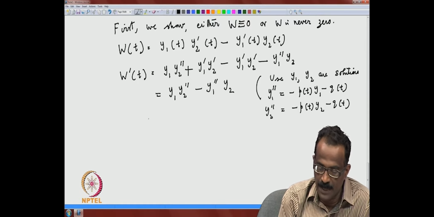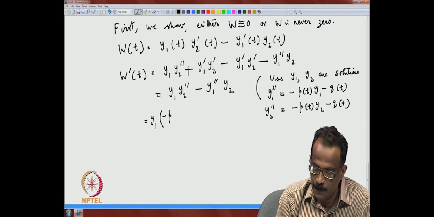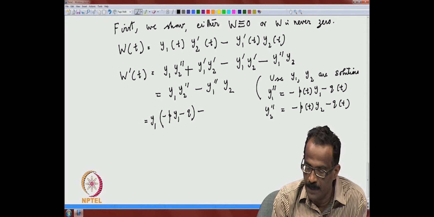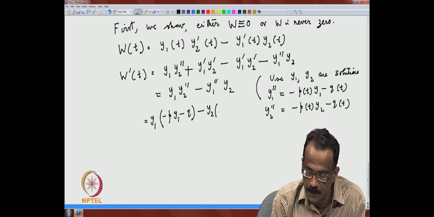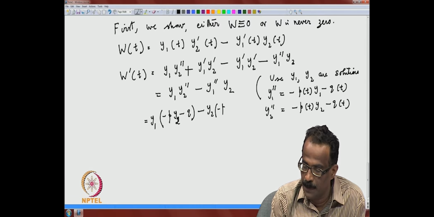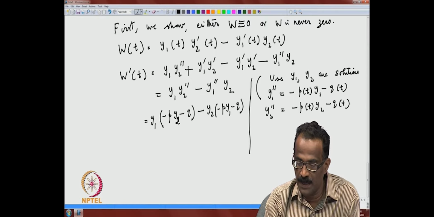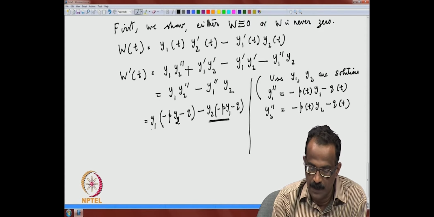If you substitute this here, you get y1 into minus p y2 prime minus q y2, minus y2 into minus p y1 prime minus q y1.